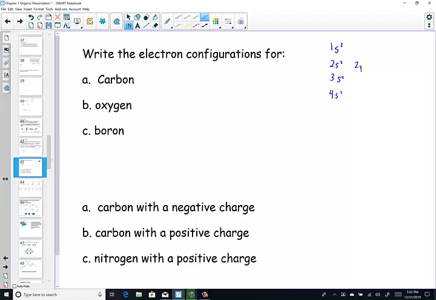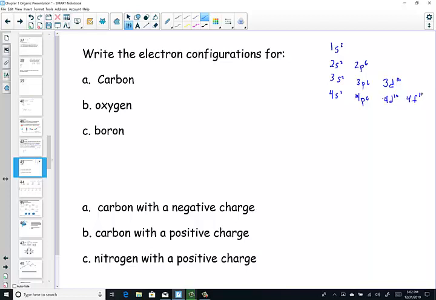The second energy level has 2 sublevels, so I'm going to continue writing 2p, 3p, 4p in a column. And I know that at most the p orbitals hold 6 electrons. In the third energy level, we have 3 sublevels, and the d's can hold up to 10. And the fourth energy level can have 4 sublevels, and at most 14.